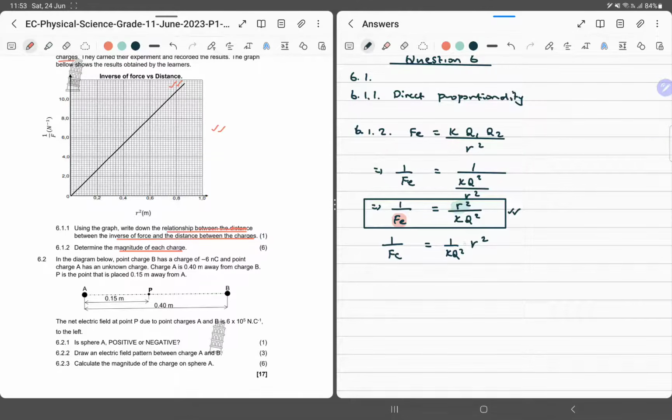Okay, so this is important to notice, that this is a constant, because K is the constant, the charge is the constant. So the variables are just these two. Okay, so obviously that becomes the gradient because it's a straight line graph.